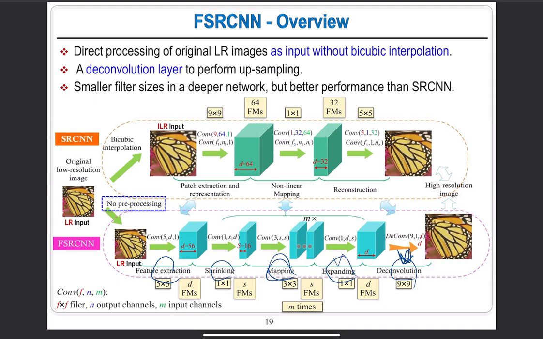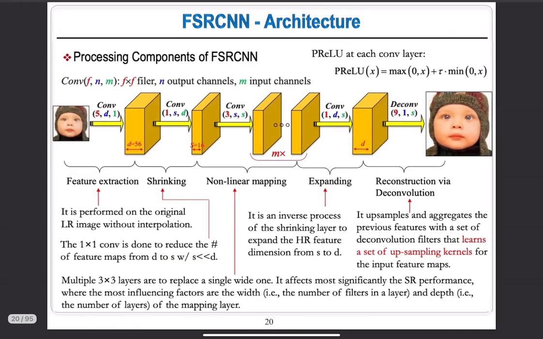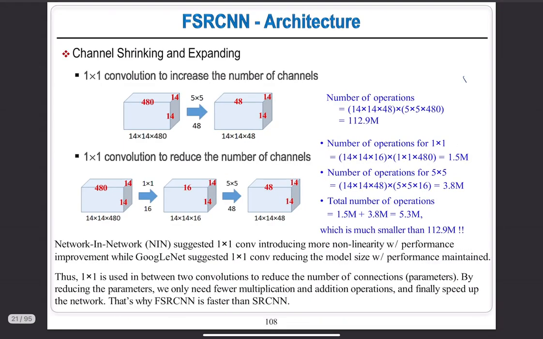Each convolutional layer, as shown here, is followed by a PReLU activation function for better learning dynamics. And this slide highlights one of the key components and FSRCNN's biggest strength: efficiency. First, shrink the number of channels before the mapping layer, and then expand the channels again before reconstruction.